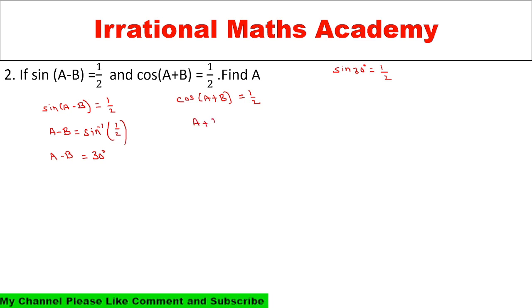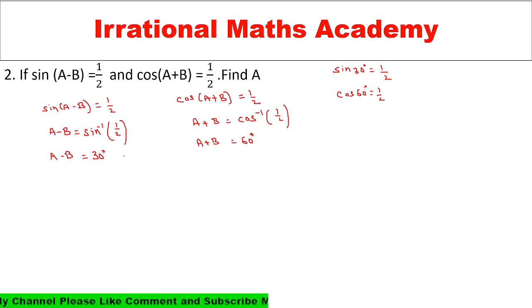A plus B equal to cos inverse of 1 by 2. For which angle of cos will we get 1 by 2? Cos 60 degrees we'll get 1 by 2. So let me substitute here 60 degrees.